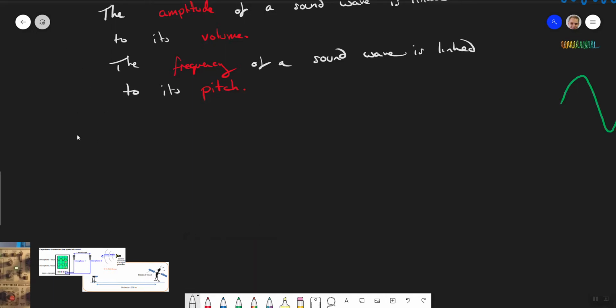So we can use oscilloscopes to measure the time period of a sound wave.